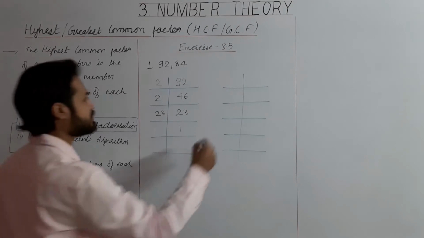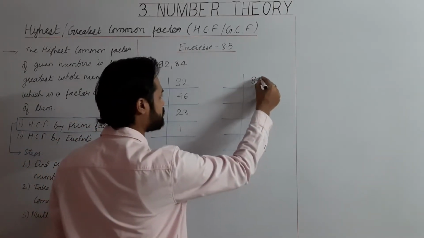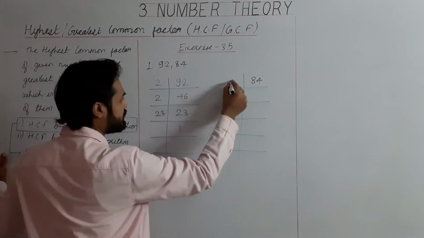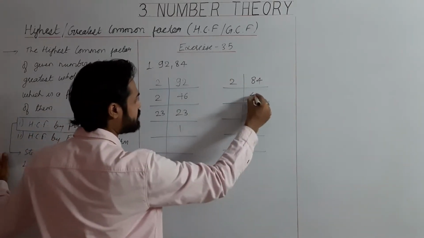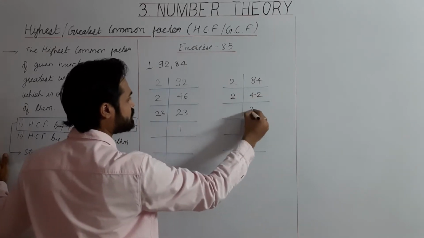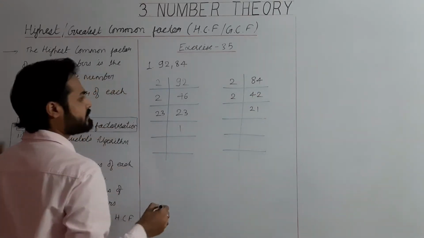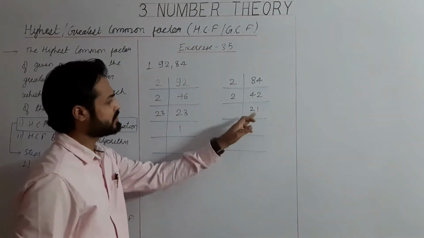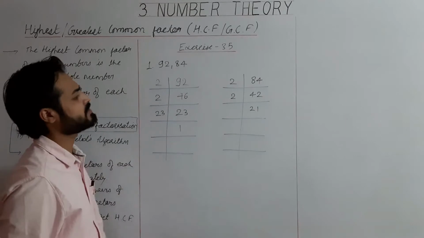Now for 84, an even number, we'll divide 84 by 2 and get 42, again even, divide by 2, we get 21. Now we have to check 21. 21 is an odd number, so the next prime number after 2 is 3.